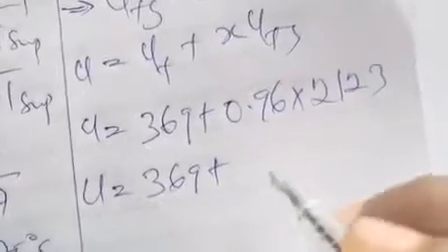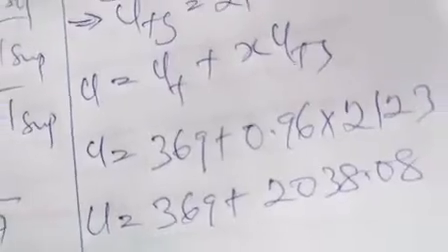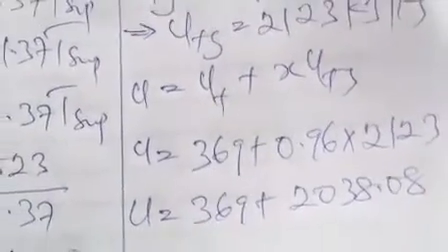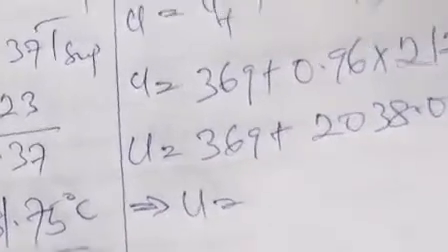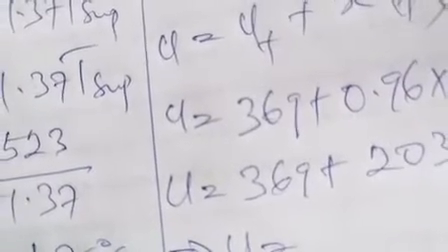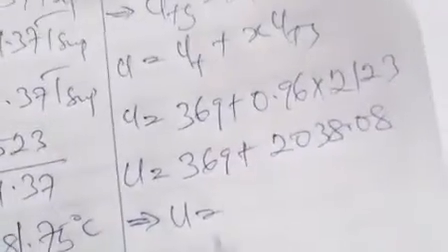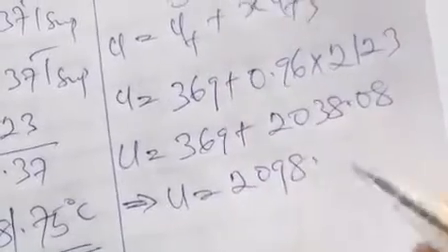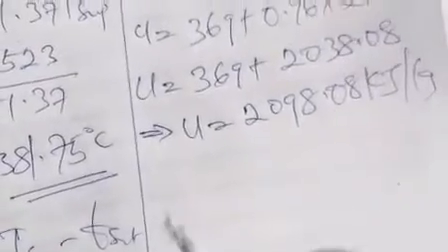That gives us 2038.08, plus 369. This implies specific internal energy is equal to 2098.08 kilojoules per kilogram.